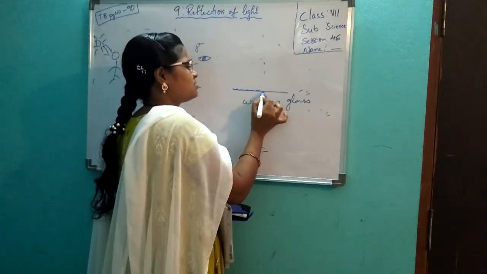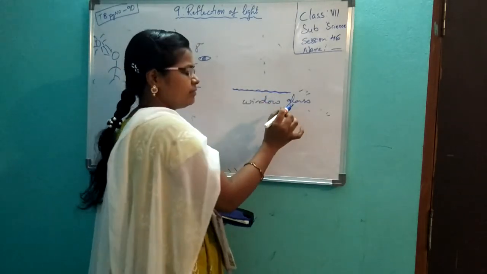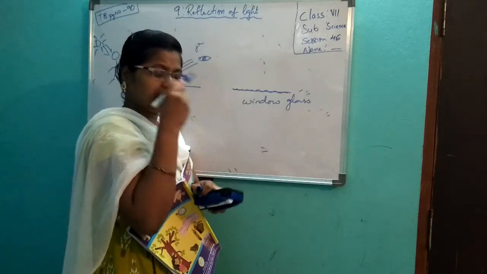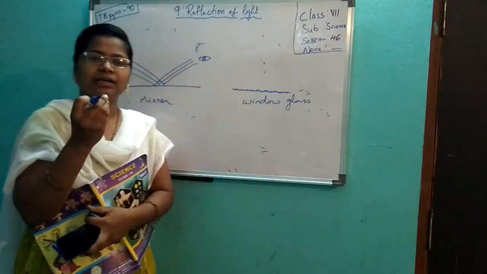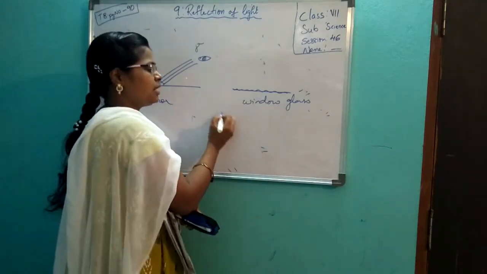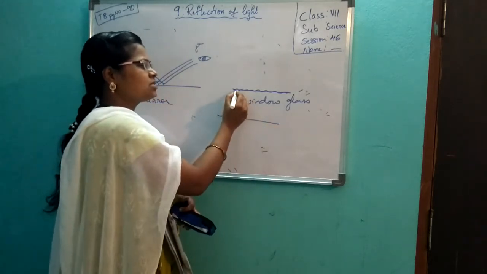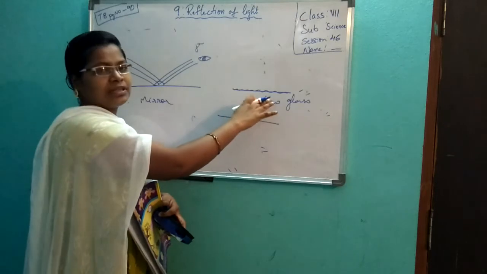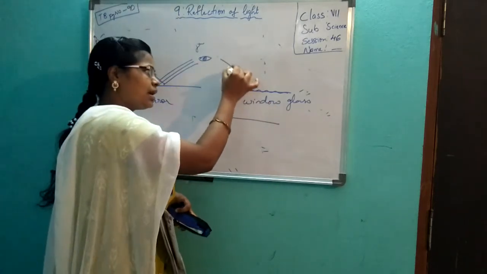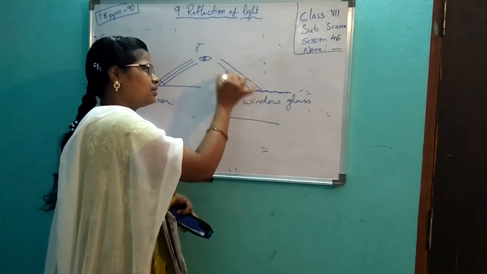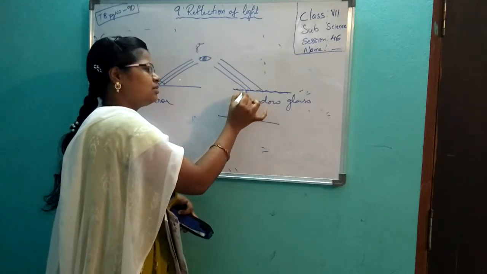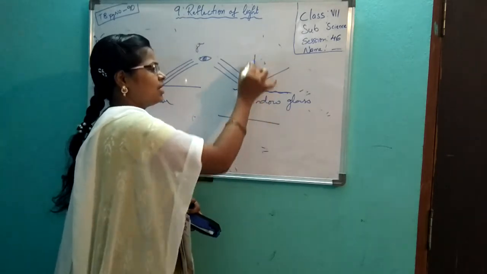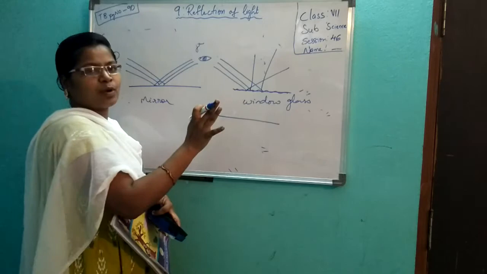And any other surface, they won't be even. When you try to see it clearly, they will not be plain, they will have some irregularity. So when the light rays fall on them, they will reflect like this, they will not reflect properly.